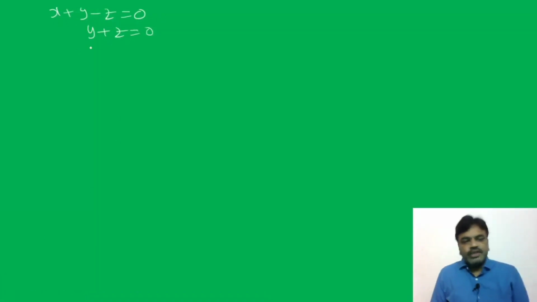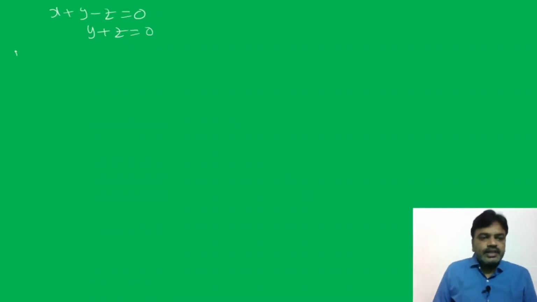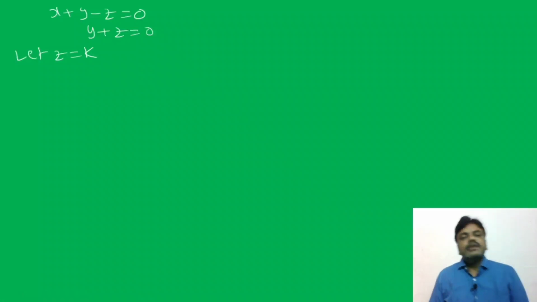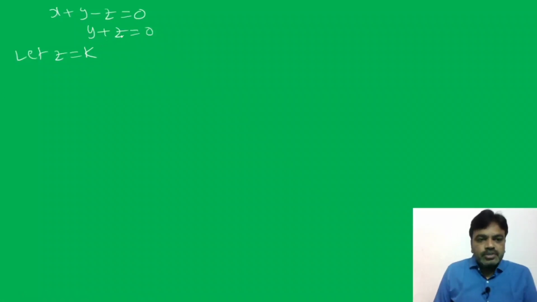We have two equations, we need three equations, so we are taking here let Z is equal to K, friends. So substituting, we get Y is equal to minus K. Substitute these Y, Z values in the first equation: X plus Y value, minus K, minus Z value, K, is equal to 0.